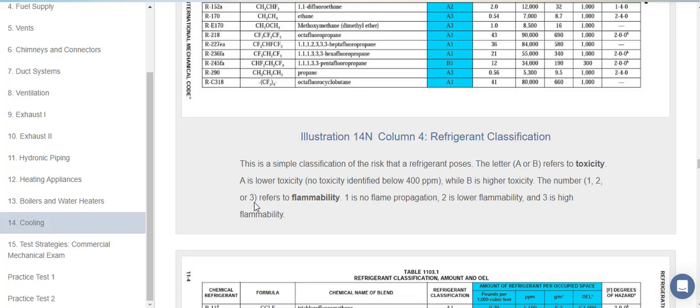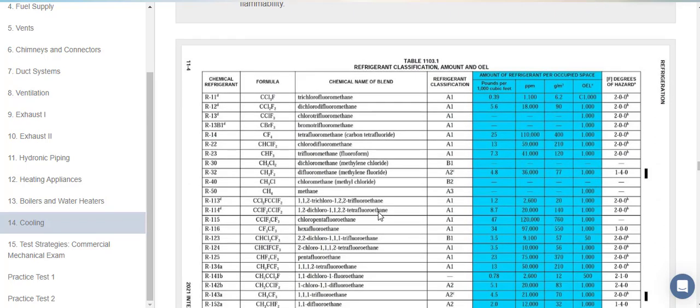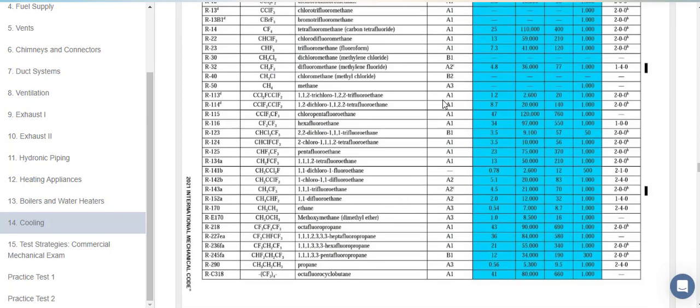The numbers 1, 2, or 3 refer to flammability. 1 is no flame propagation, 2 is lower flammability, and 3 is high flammability. So the letter refers to toxicity, and the number refers to flammability.